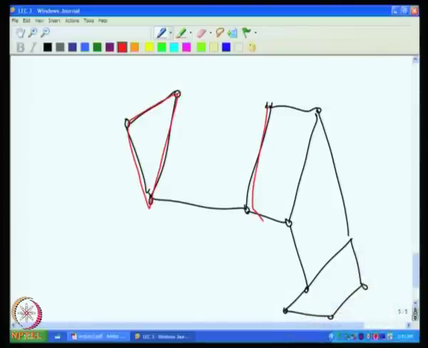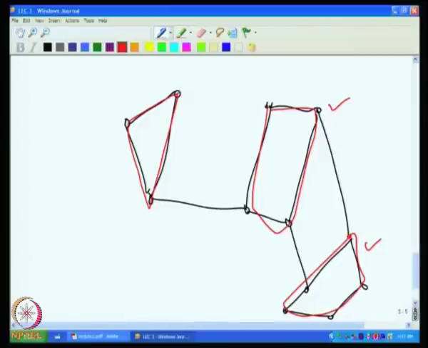See, one cycle, another cycle, all the vertices have to come in exactly one cycle. We should find a collection of cycles in the graph such that each vertex of the graph is contained in exactly one cycle.